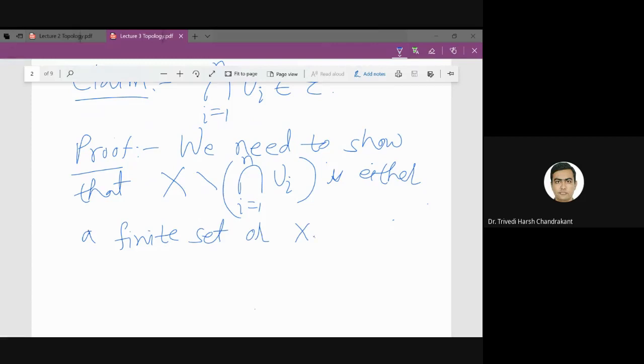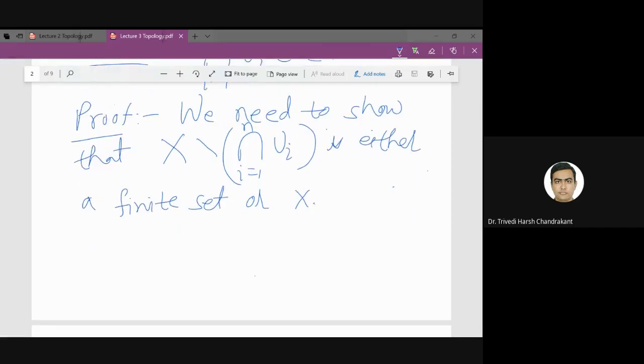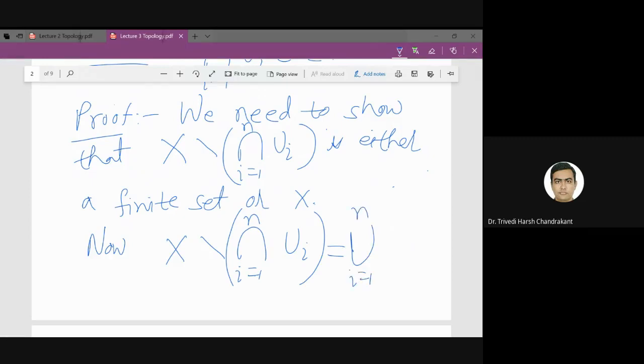So this is what we need to show. So now we know the property of the complement and the intersection, so that we can use here. So we know that x minus the intersection i equal to 1 to n of ui is nothing but the union of x minus ui.